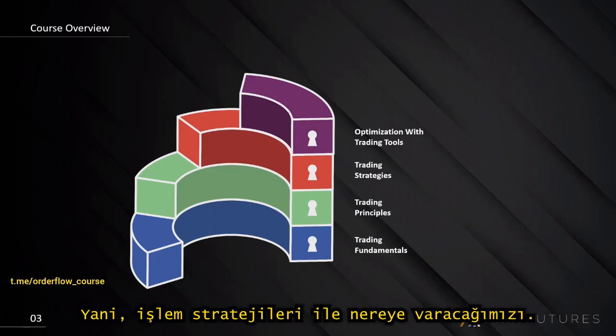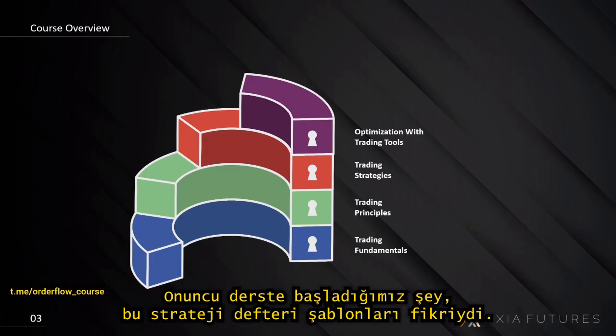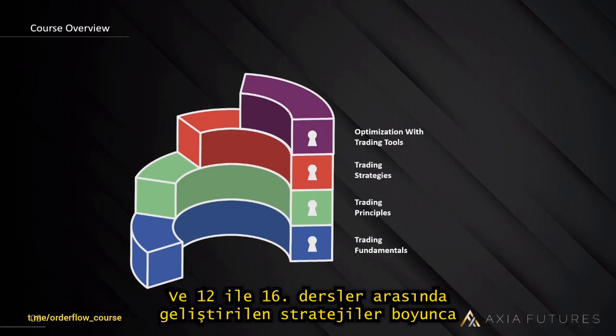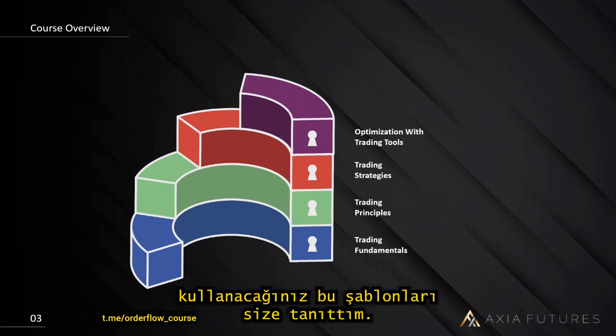With the trading strategies, what we started with in lesson 10 is this idea of the playbook templates. I introduced these templates to you that you're going to be utilizing throughout the strategies developed in lessons 12 to 16.